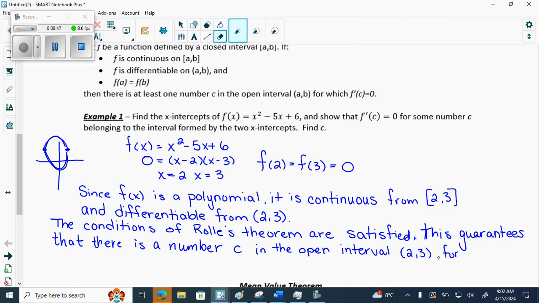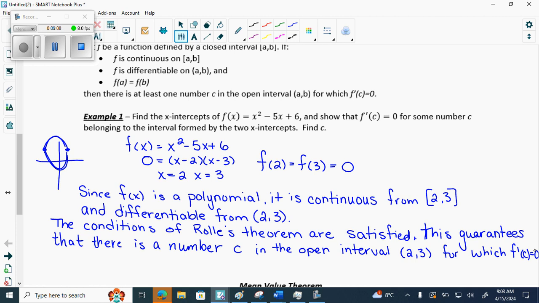Would it be okay if you paraphrase? It'll be fine if you don't say it word for word and just say that it's satisfied. Rolle's theorem satisfied guarantees c exists in the interval. No. Could you say, since Rolle's theorem is satisfied, f prime of c equals 0?